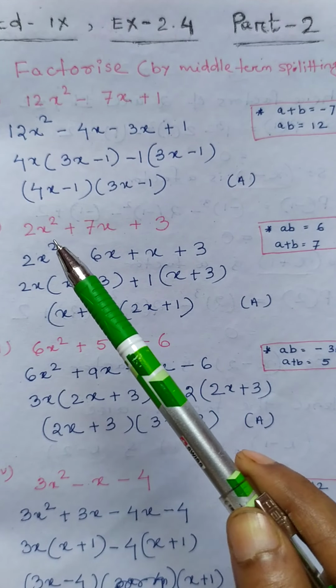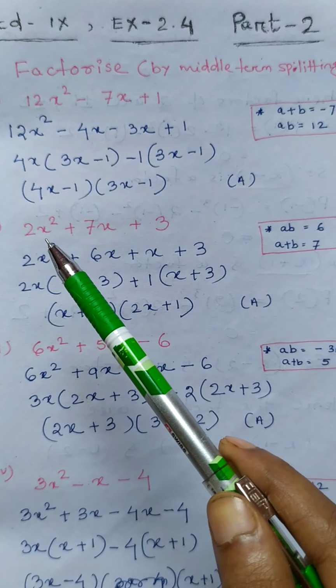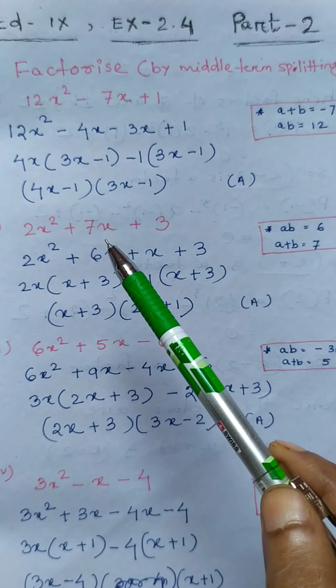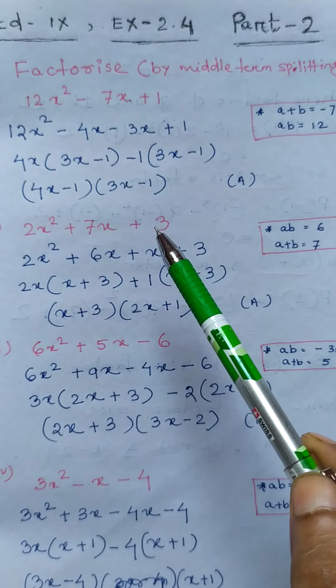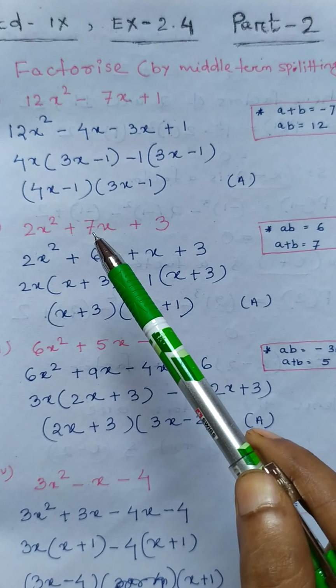Coming to the second bit, the question is 2x square plus 7x plus 3. Again it is in the arranged form. We consider two numbers a and b such that their product is 2 into 3, that is 6, and their sum is 7.